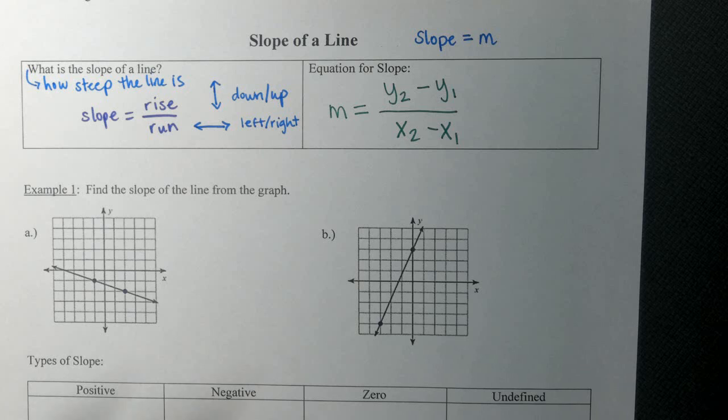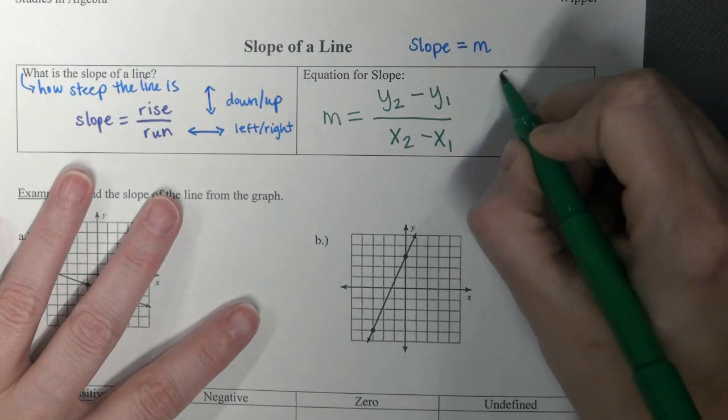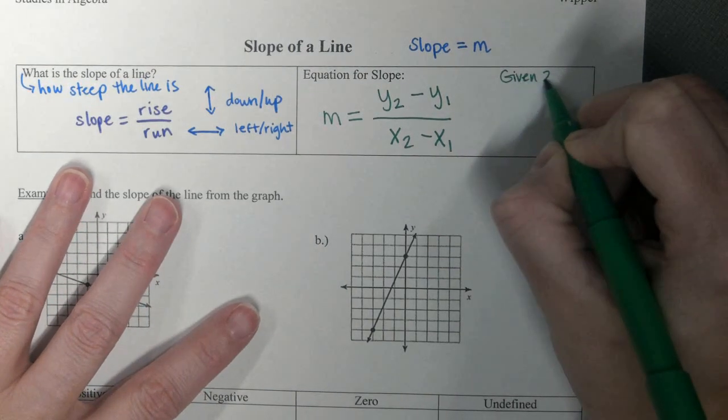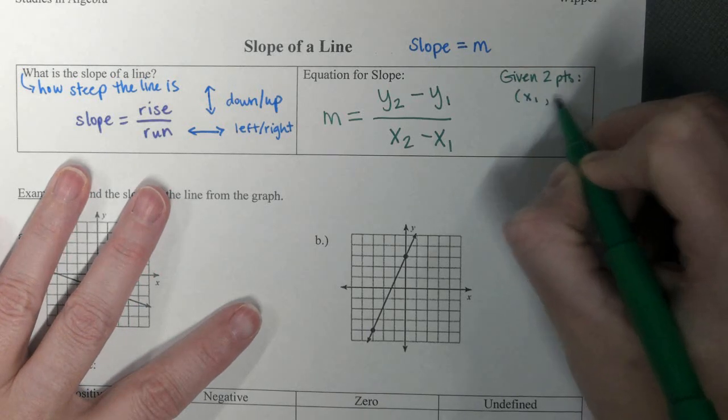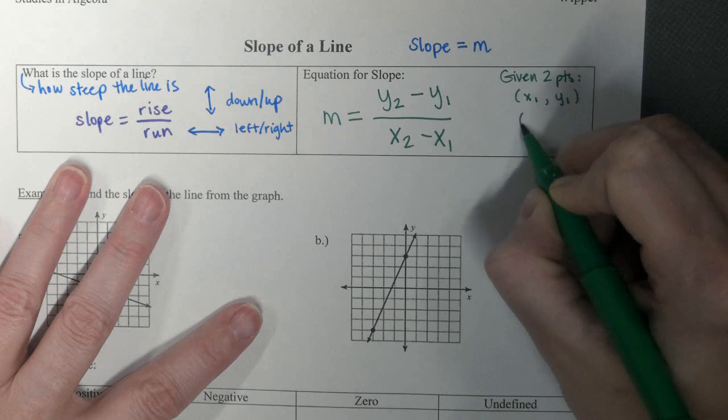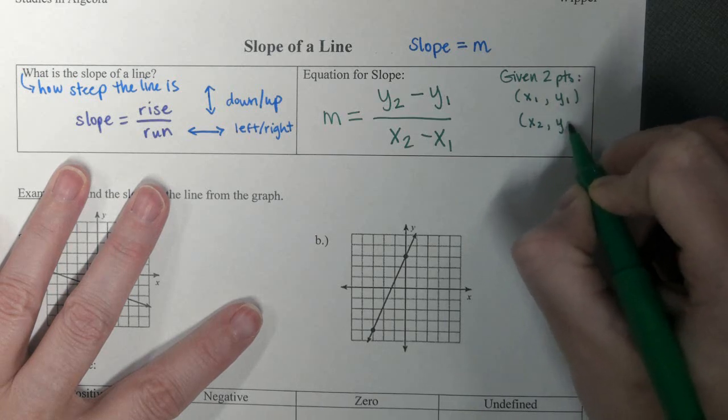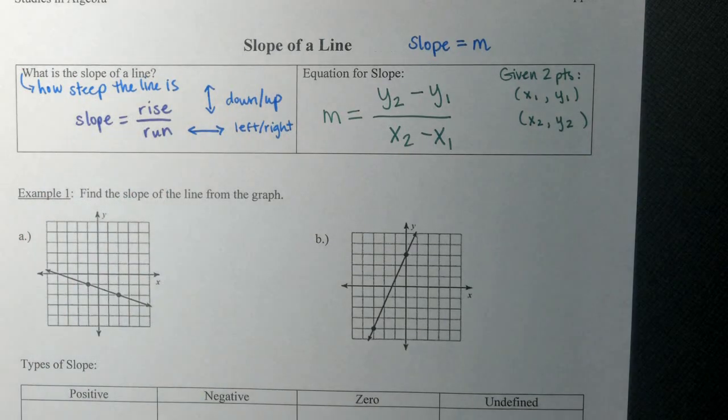Now, in order to use this, you have to be given your 2 points. When you label the 2 points, you label them x1, y1, and the second point is going to be x2, y2. And we'll practice labeling them together.